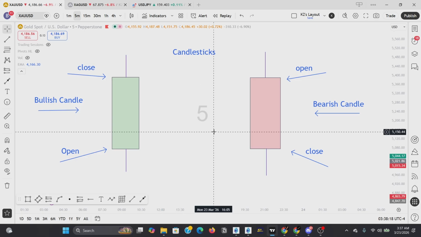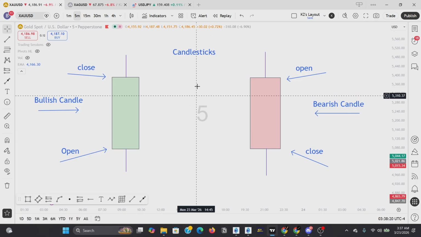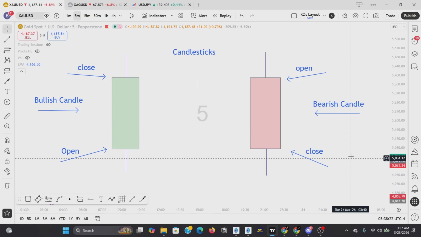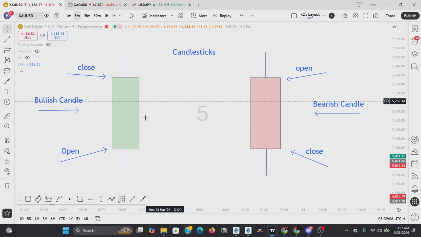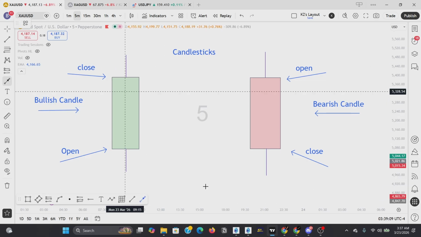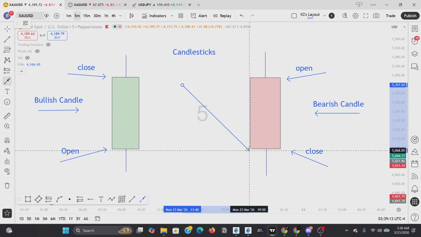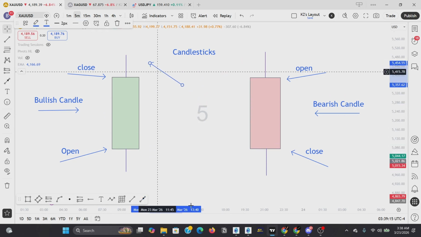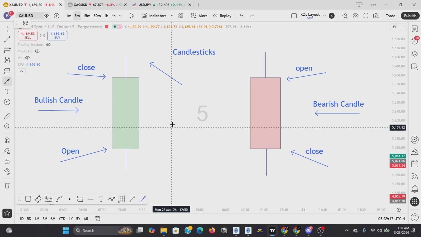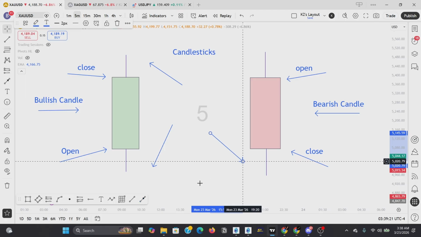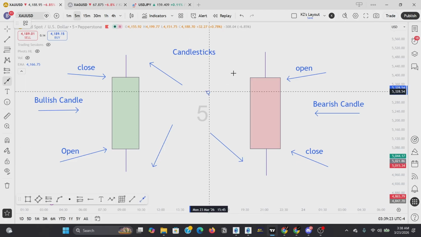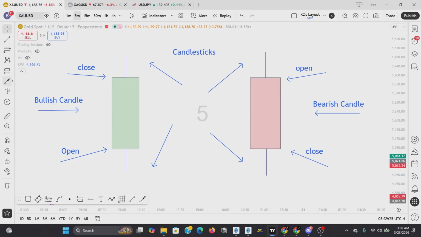Now, I'm going to show you what that looks like live because the markets are open today. Now, you might be like, okay, I see the boxes, but what are those lines at the top and the bottom? What does that mean? I'm finna tell you exactly what they mean, what they're called, and what they represent. All four of these, they mean the exact same thing on both candles.